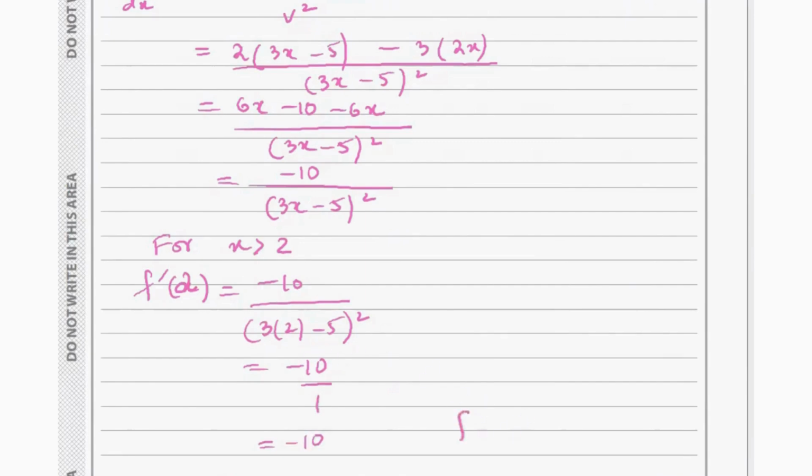Since it's negative, that means it is decreasing. For any value of 2 and more, it's going to keep on decreasing. It's not going to increase. Because the numerator is negative, it's going to stay negative, and the denominator is getting squared. So if you square a positive number, it's going to be positive. If you square a negative number, it's still going to be positive. So nothing will change it because the numerator is fixed at a negative value.